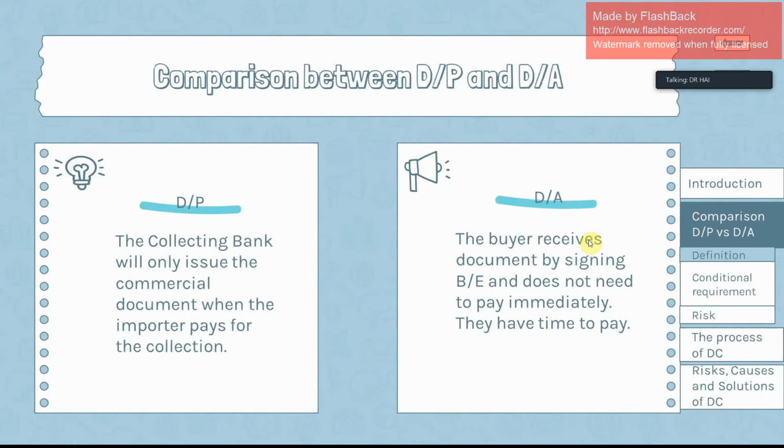In turn, when the collecting bank asks the remitting bank to pay for the fee, the remitting bank asks the exporter. He has the right to ask the exporter to pay for the fees.